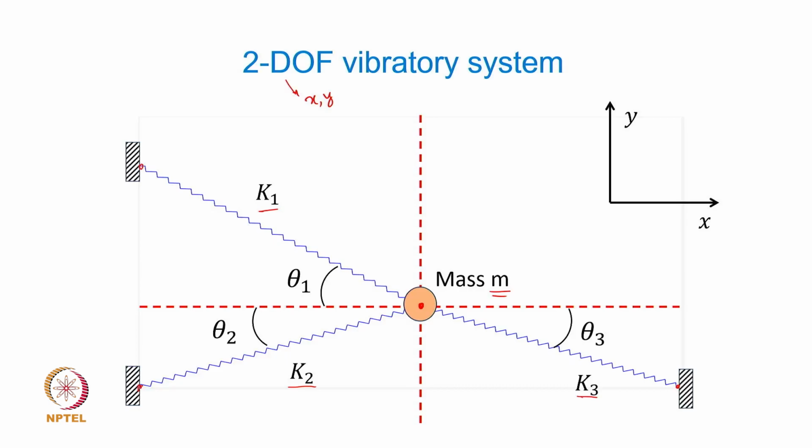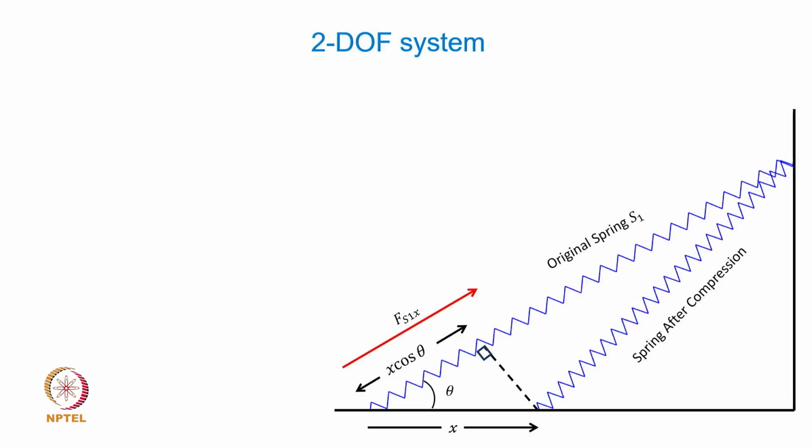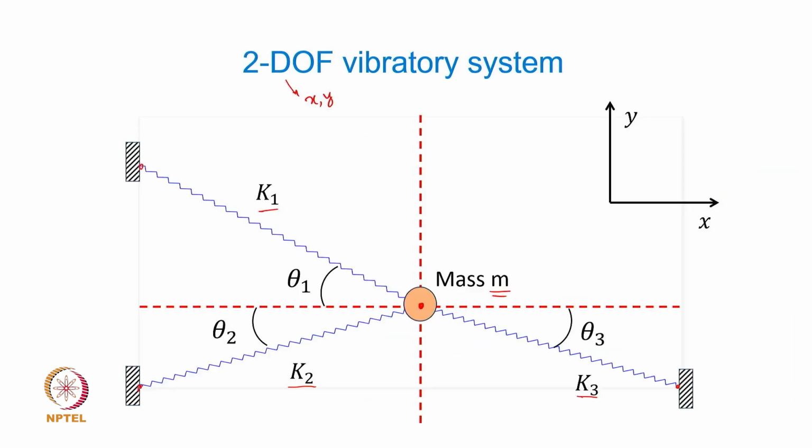Now, how do we analyze this problem? We will have to basically get the free body diagram, as we usually do, separate or isolate this mass and look at the free body diagram of this mass, and then arrive at the governing equation of motion, either using energy method like Lagrange's, or you can use Newtonian approach.